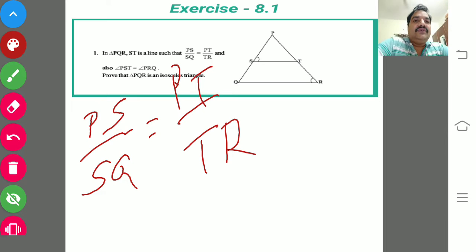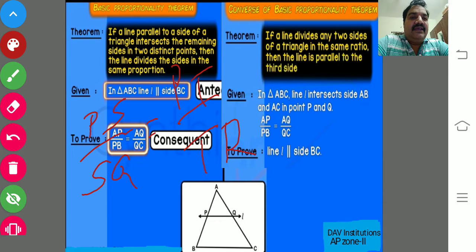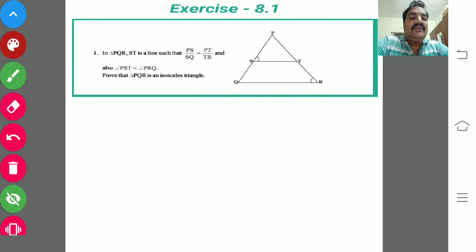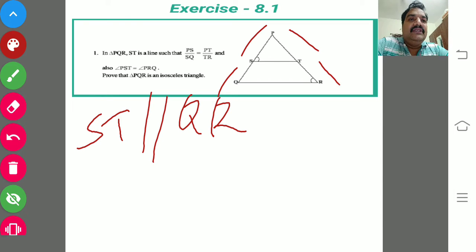We have discussed that if AP by PB equals AQ by QC, then automatically PQ is parallel to BC. Here it is given that PS by SQ equals PT by TR, so automatically ST is parallel to QR. This is the converse of BPT, the basic proportionality theorem.